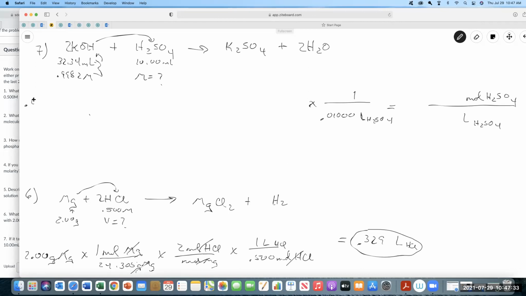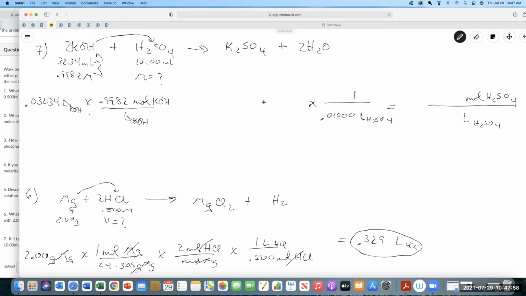So I have 0.03234 liters of the KOH times 0.9982 moles of the KOH per liter of the KOH. Again, always cancel as you go.